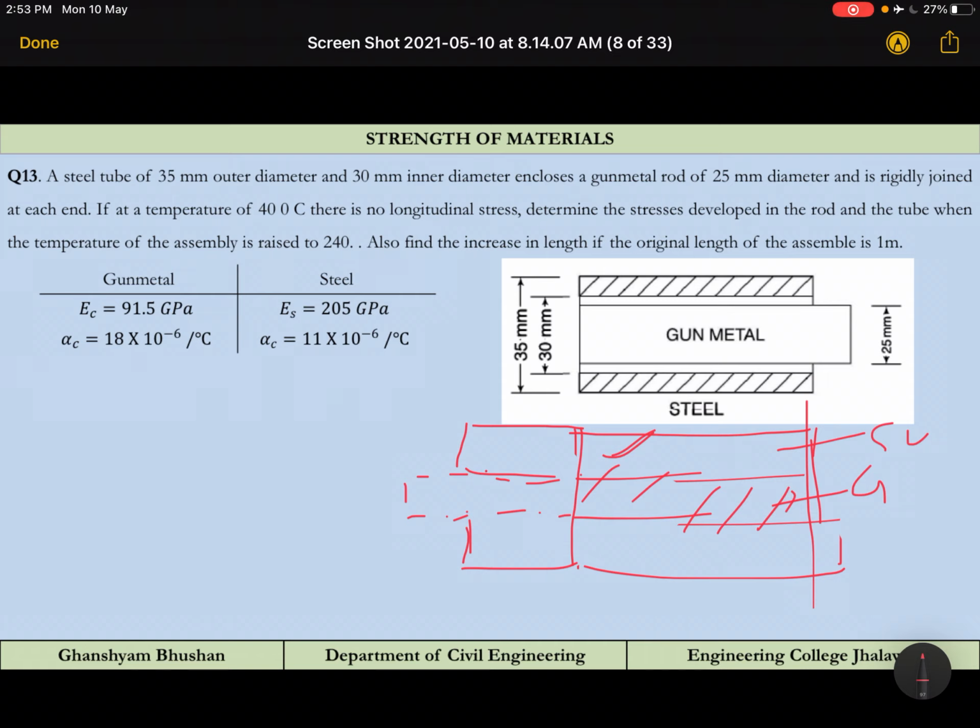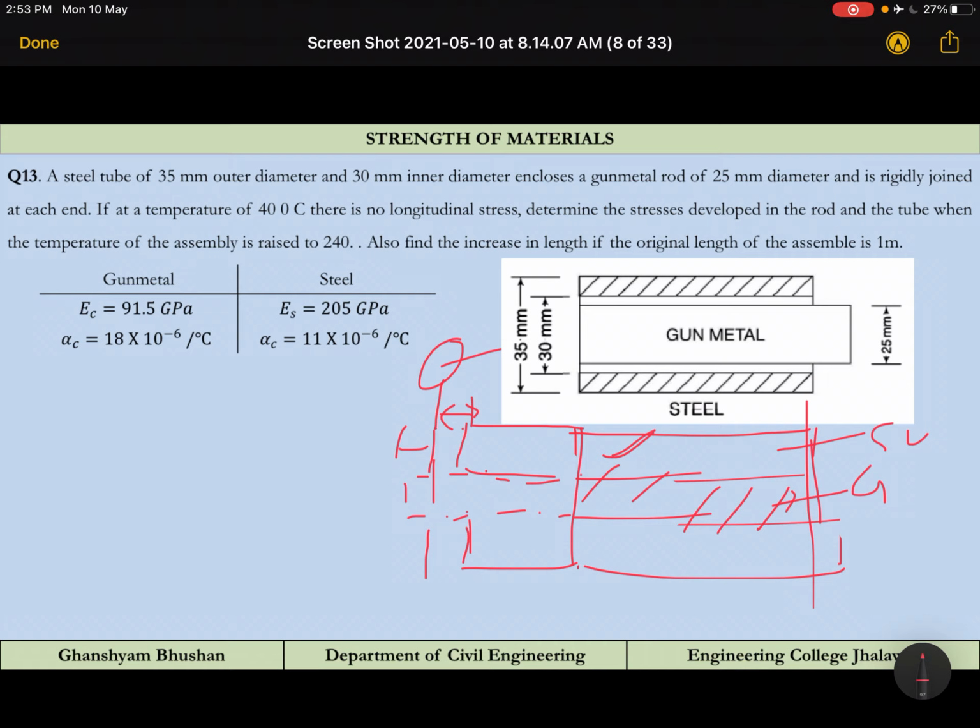So what will happen, they will compromise and they will attain some in between position. Let's say this is here, so finally they will be like this. That means the gunmetal was compressed and the steel was stressed, expanded.